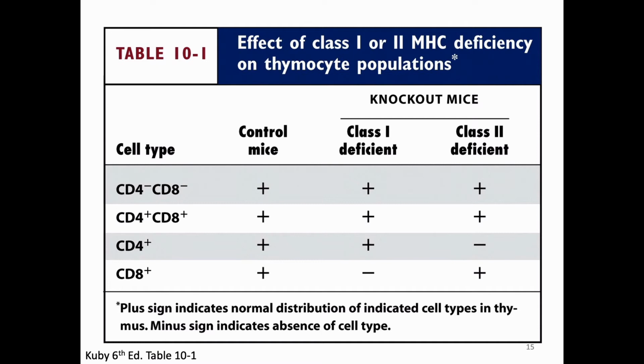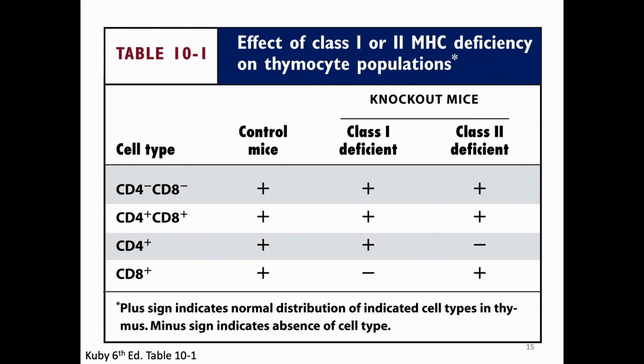But what we can do is, if we have control mice and we look in their thymus, we see double negatives, we see double positives, we see CD4 single positives, and we see CD8 single positives. If we get rid of class 1, we see double negatives, we see double positives, and we see CD4s, but we don't see CD8s.